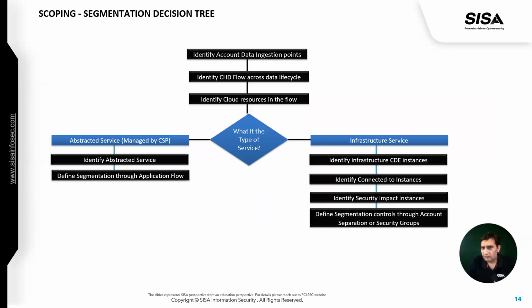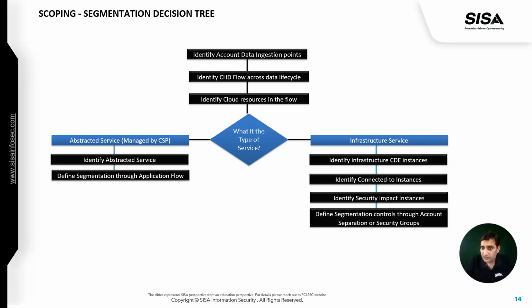Now here, this is a decision-making tree. I would prefer you take a screenshot of the same, right? That is going to give you some insight on how we progress around it. So let's say you already have a cloud infrastructure hosted for you, and you have some payment services hosted on it, maybe an e-commerce website also.